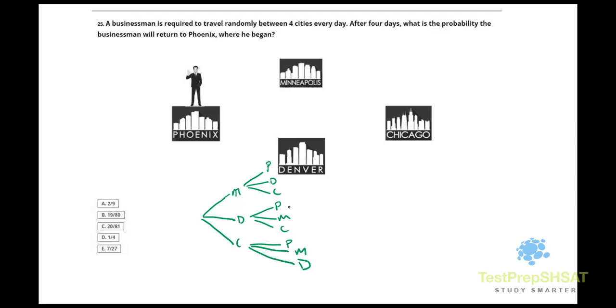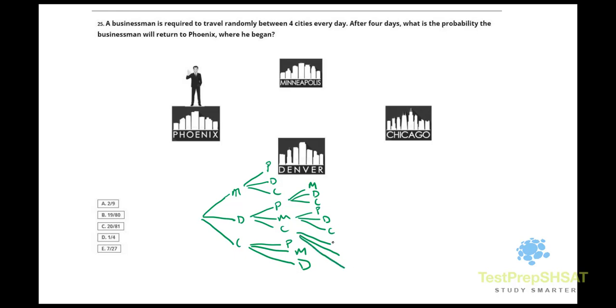This is going to get pretty complicated as we go 4 levels deep of branches. So from Phoenix, he could go to, again, Minneapolis, Denver, or Chicago. From Minneapolis, he could go to Phoenix, Denver, or Chicago. And then from Chicago, he could go to Minneapolis, Denver, or Phoenix.